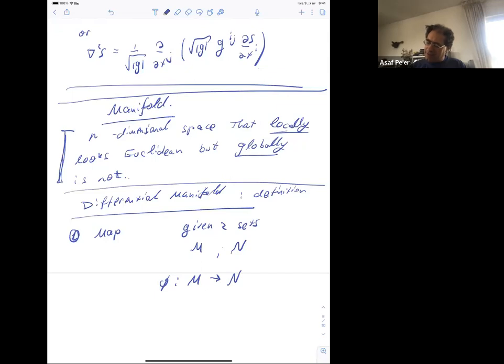M is a set. Remember, mathematics is all about sets. It's not even about numbers, but that's the interesting thing about maths.